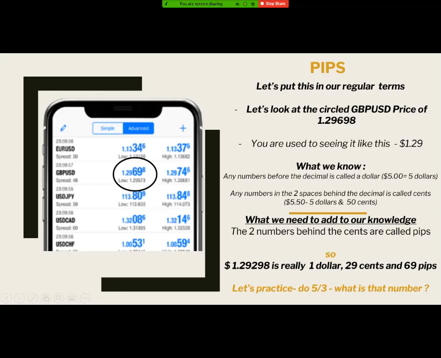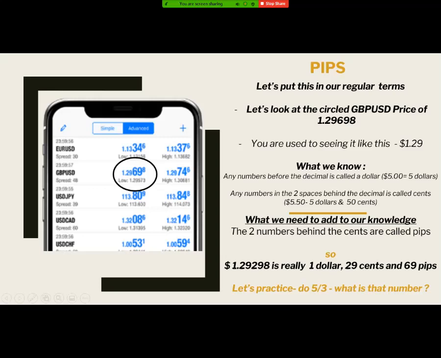So if I had the $5 we're used to saying, and then 2 spaces behind the decimal is called cents, what do we call it? $5.50. And we usually leave it there, and that's cool because we've made it so far with this. We've been doing great with this in our life. But what we need to know now is how to add to our knowledge a wealth strategy.